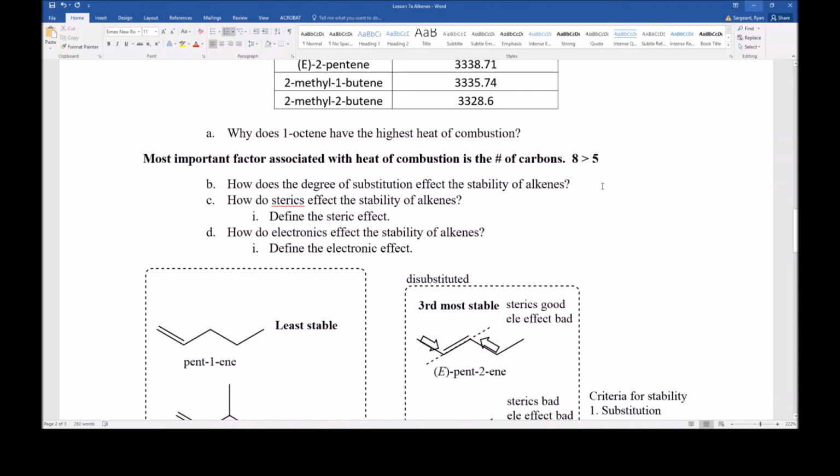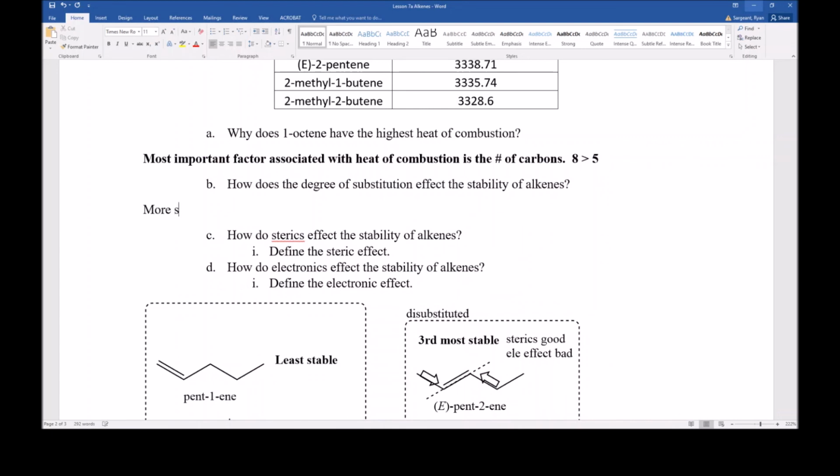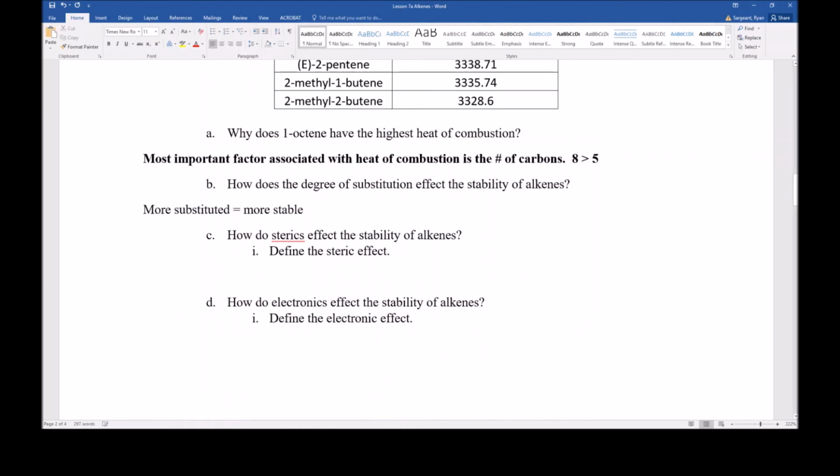How does the degree of substitution affect the stability of the alkenes? More substituted equals more stable. How do sterics affect the stability of the alkenes? They are the least important criteria.